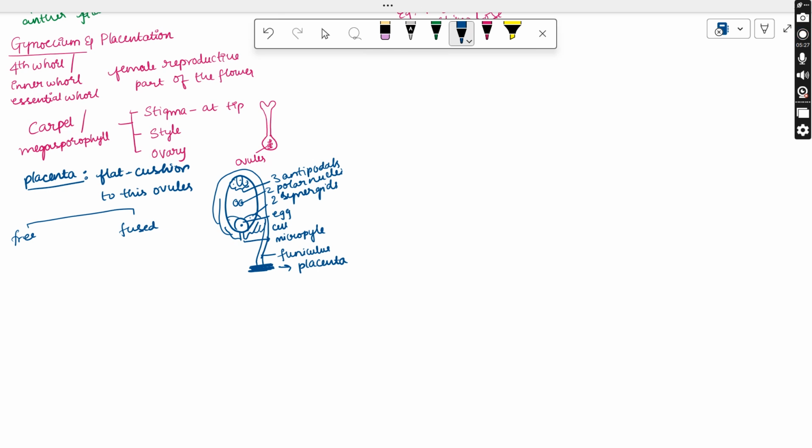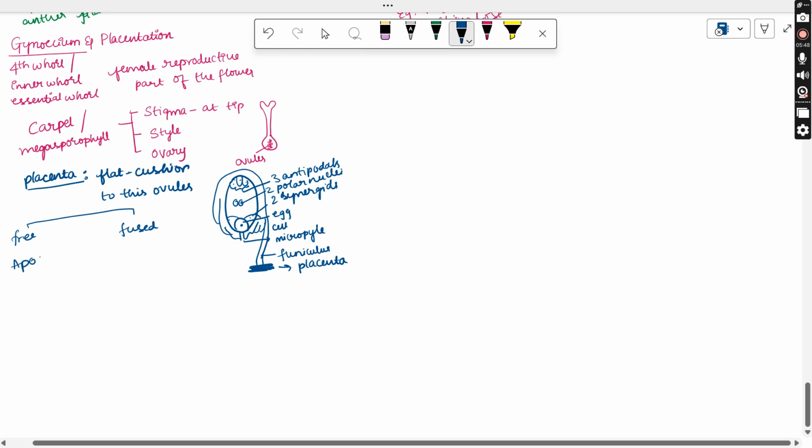Now, if all the carpels are free from one another in the gynoecium, so suppose many carpels are there, they are freely present without joining or uniting with another carpel. So all the carpels are free. We call them free carpels. That condition is the apocarpous condition.